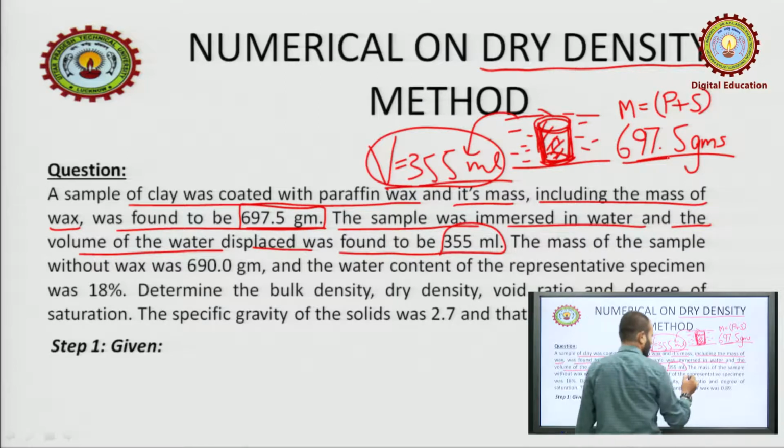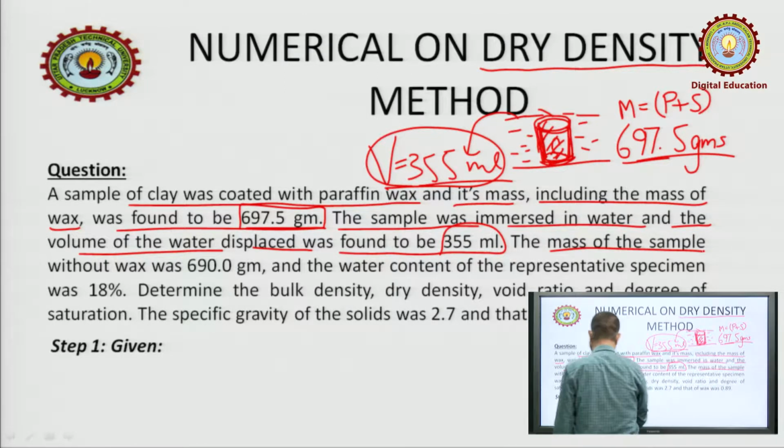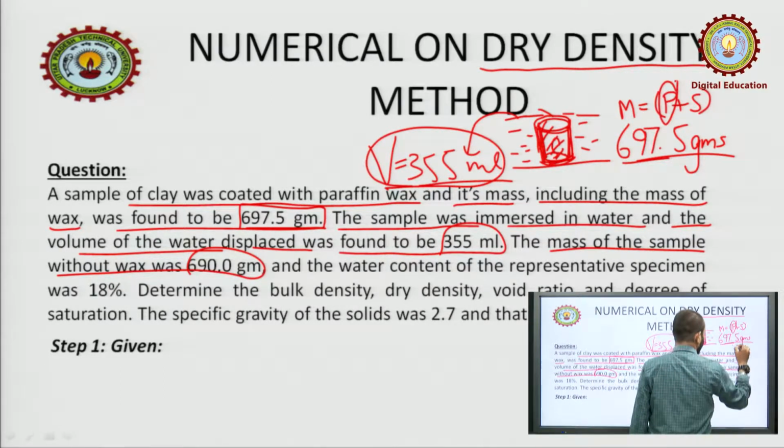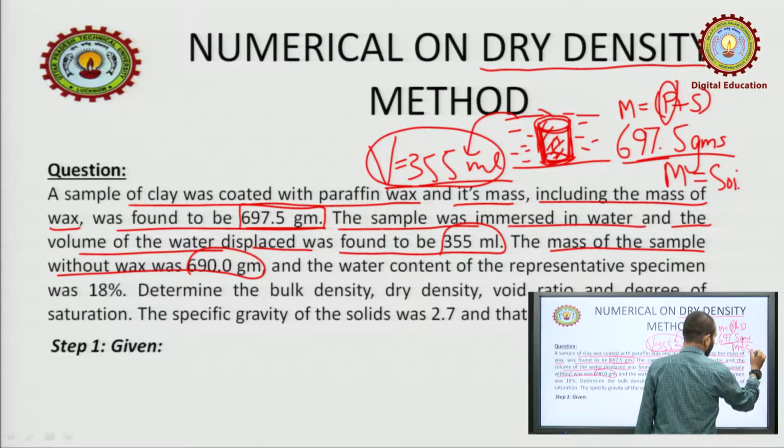And then the mass of the sample without wax was 690 grams. This was with paraffin wax, and now without paraffin wax, that is only of soil, it is given to be 690 grams.